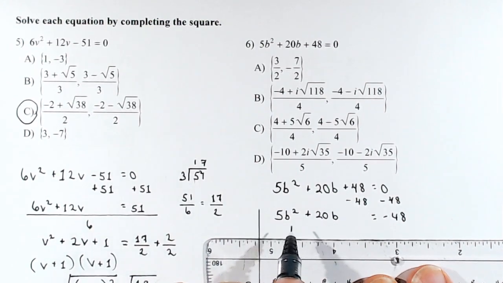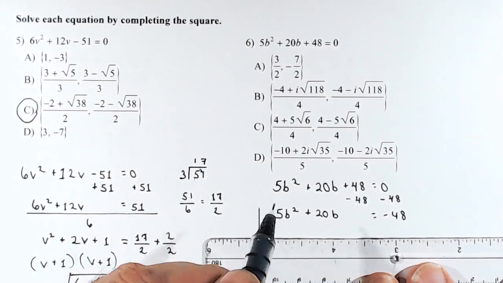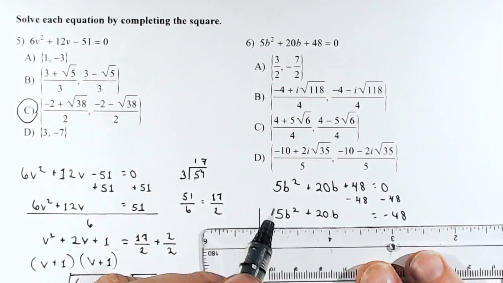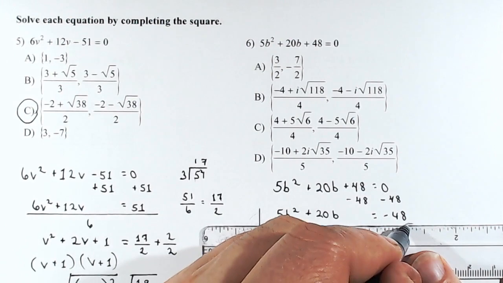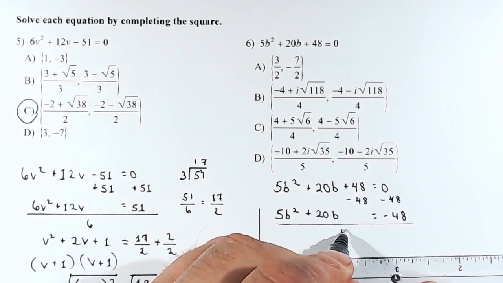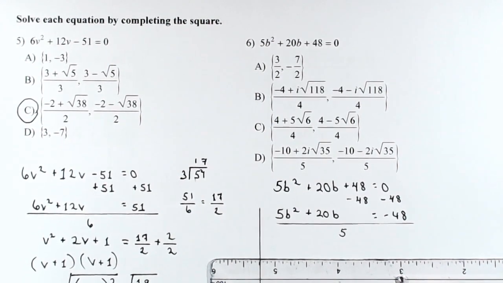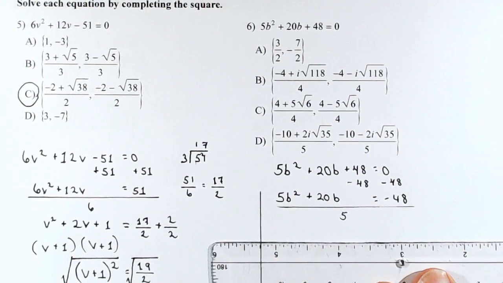This is really hard. Okay, so now what we have to do is get rid of this leading coefficient of 5. And so we're just going to divide the whole equation by 5. And I will not reduce the fraction. I don't think you can reduce that fraction, but I wouldn't do it if I could.